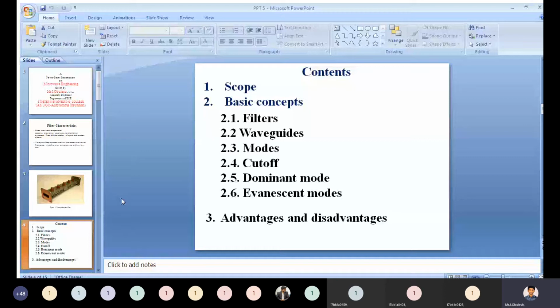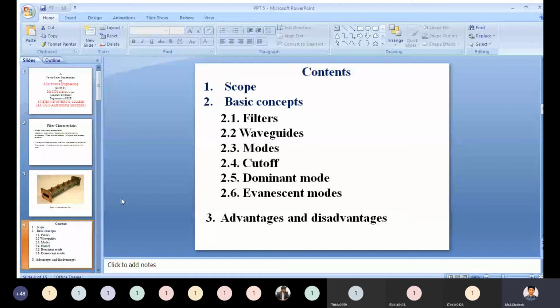In the basic concepts we have six sub-concepts: filters, waveguides, modes, cutoff frequencies, dominant mode, and evanescent modes.